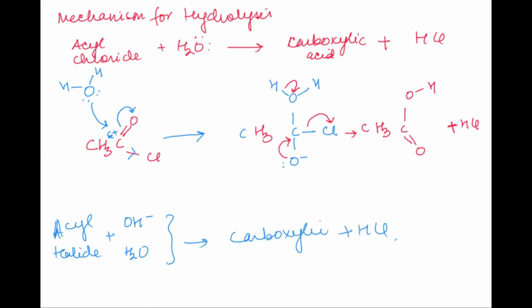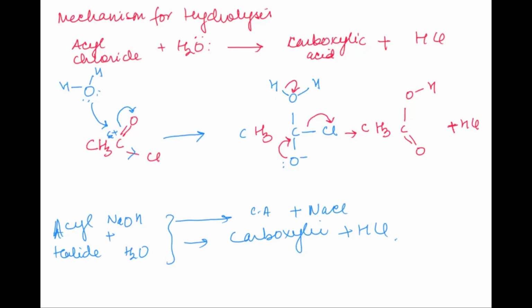Now, if it reacts with NaOH, then NaCl will be formed. Okay. So if it is going to react with an alkali like NaOH, then HCl will not be formed. In that case, you'll be getting NaCl. With water, you will be getting HCl. With NaOH, you'll be getting carboxylic acid and you will be getting NaCl.